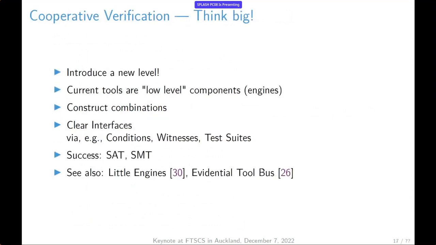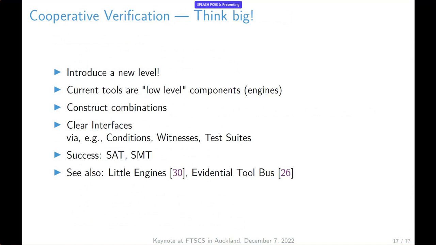So my vision is, currently, we have libraries for data structures. Then on top of this, we have libraries, for example, SMT solvers. We can use them as libraries. And on top of all these libraries, we build software verification tools.